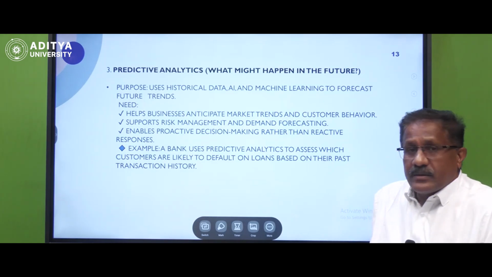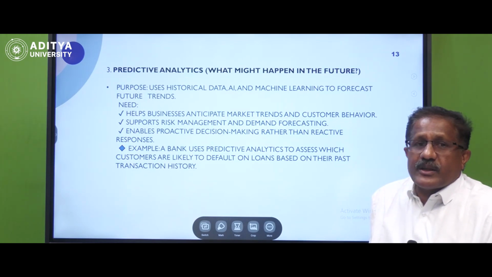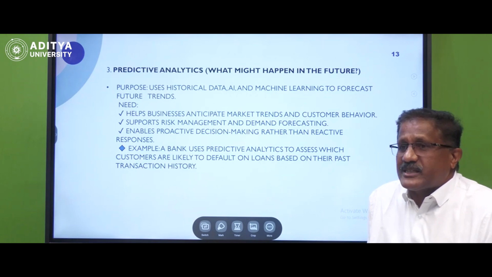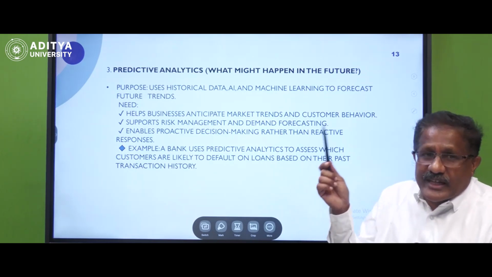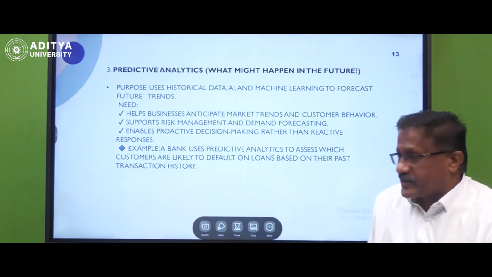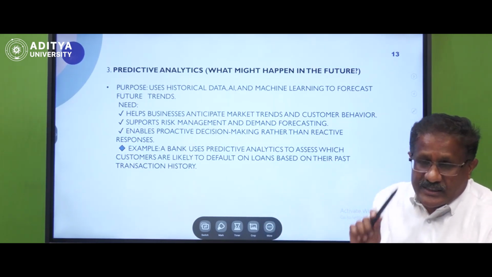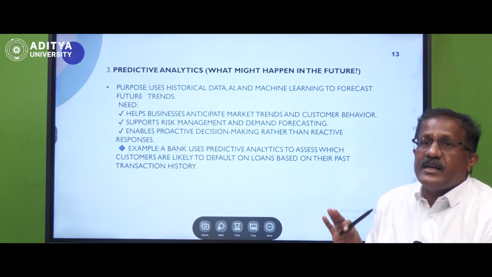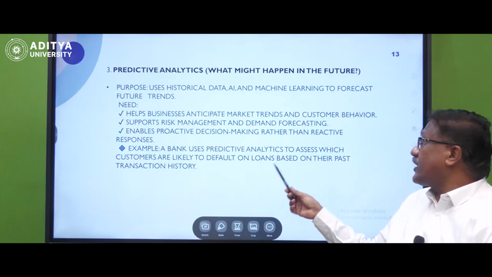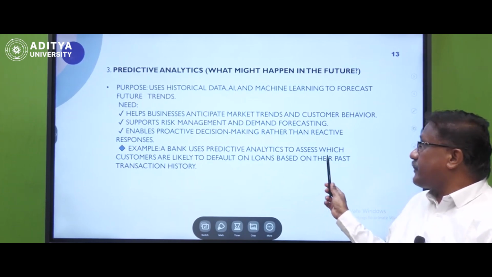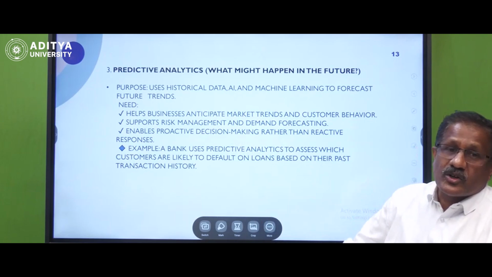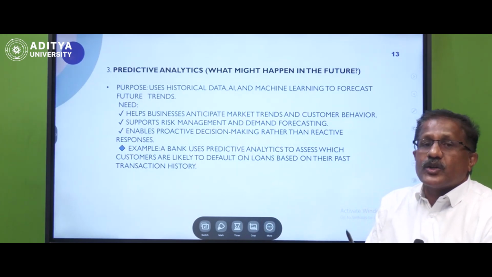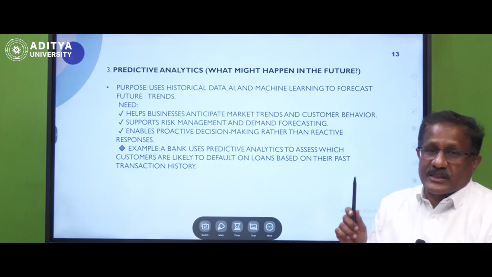They analyze the past transactions and past customer experience with various banks, and accordingly decide whether to sanction the loan or not, whether the customer can settle the loan properly, or whether it may default based on past transaction history. This predictive analytics also helps us find customer classification using various types of methods.